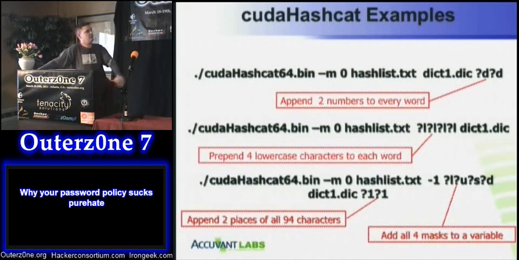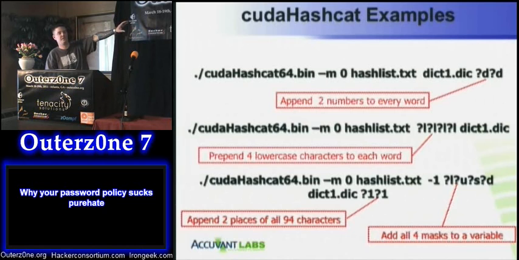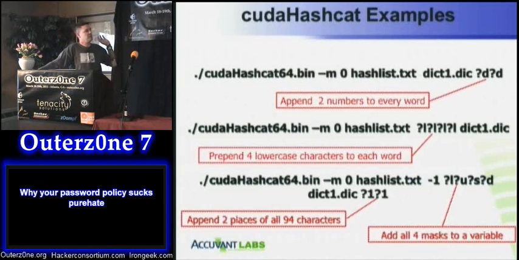So at this point I'm saying take my dictionary, which is dictionary 1, and append 2 digits to the end of every single word. This is basically a rule that I'm giving Oclhashcat. I've exponentially increased my word list, and I've still only got 6 words in dictionary 1 or whatever. And this can be used in any way.